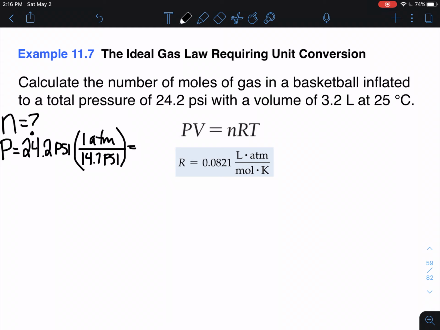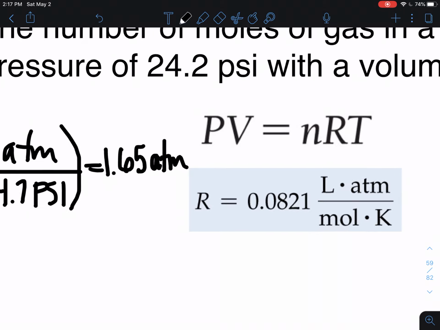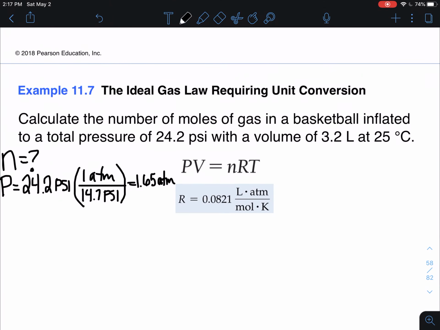So 24.2 divided by 14.7 gives us 1.65. Because psi canceled, our answer is left in atm.